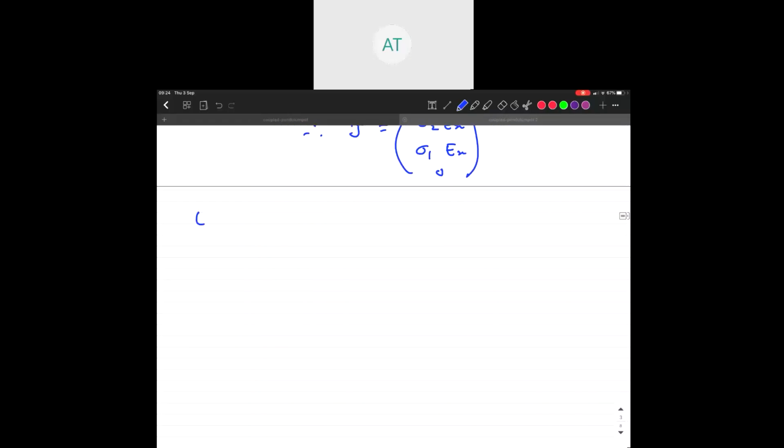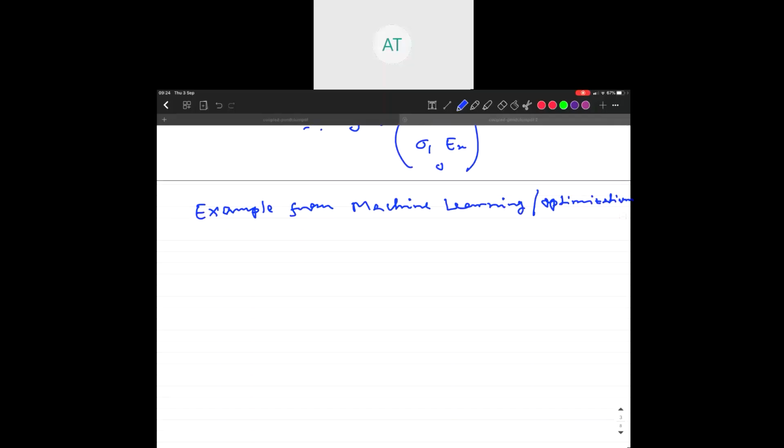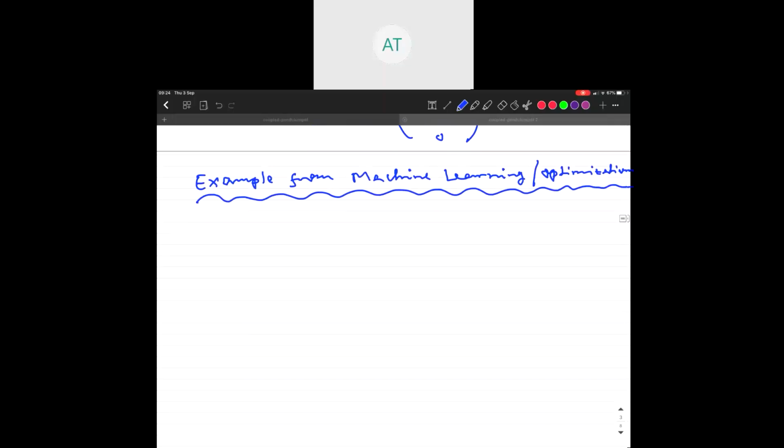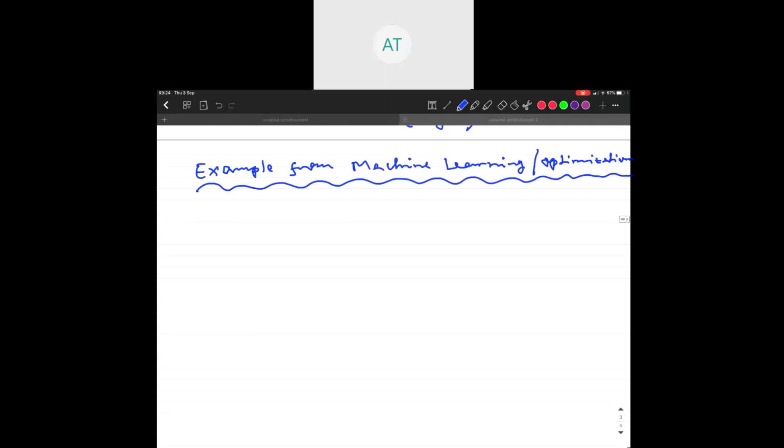Say, an example from machine learning or optimization, just to make sure that overall you get a general feel of the subject.